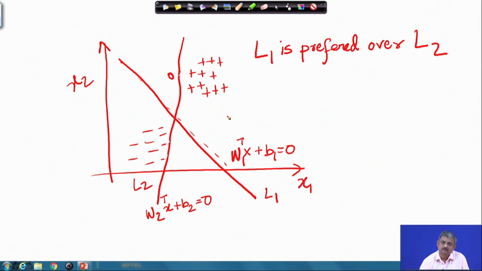L2 would put it into the minus class, which is wrong. This is most probably the plus class. Whereas L1 will still put it in the plus class, which is correct.